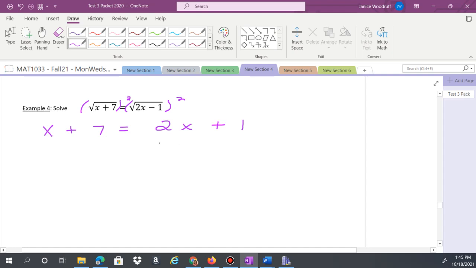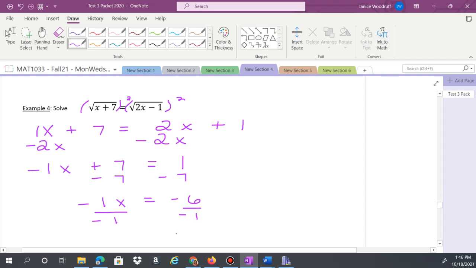And then we have to make sure it works. Let's say I subtract the 2x from both sides. That's going to be 1x minus 2x, negative 1x plus 7 equals 1. Subtract 7. I'm going to get negative 1x equals negative 6. Divide by negative 1. X equals positive 6.